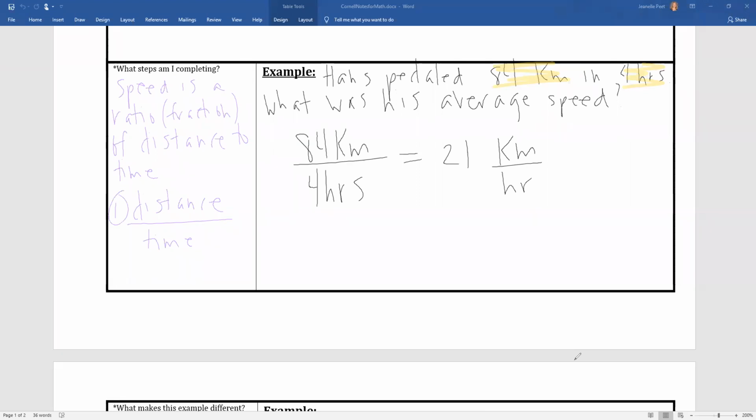Super important, I can't stress this enough, to have a unit. Let me put that over here in the steps, and I'll write it in the same color. You must include your unit. Okay. So now I'm going to scroll down and we're going to do another example.